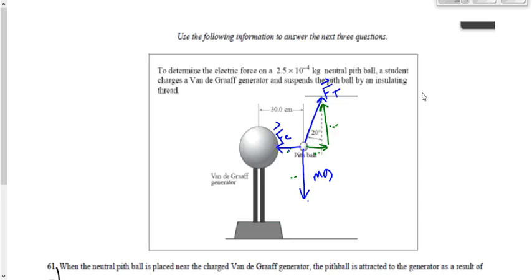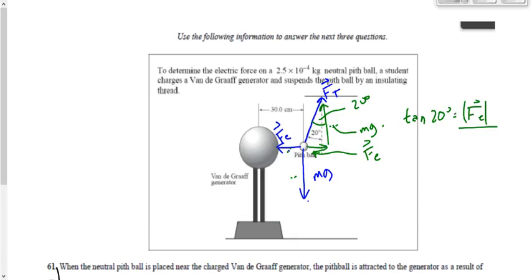If I know this angle right here is 20 degrees, and I know this side is m times g, then I can find this side by using a little bit of trigonometry. So all it ends up being, tan 20 degrees is equal to opposite over adjacent.